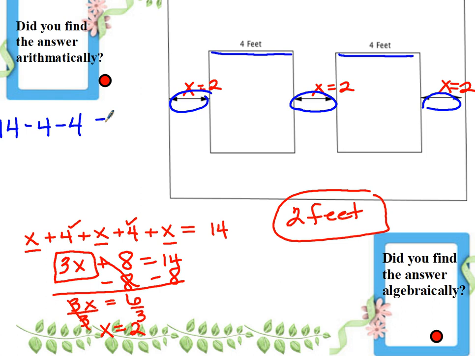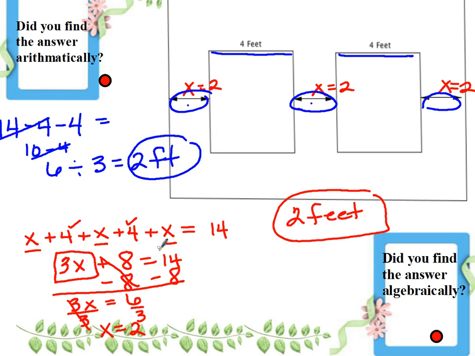So 14 take away 4 is 10, and 10 minus 4 is 6. So now I know we have 6 feet to work with, and 6 divided by the 3 spaces that we knew were the same is 2 feet each. Both ways work. This one's arithmetically, this one's algebraically.